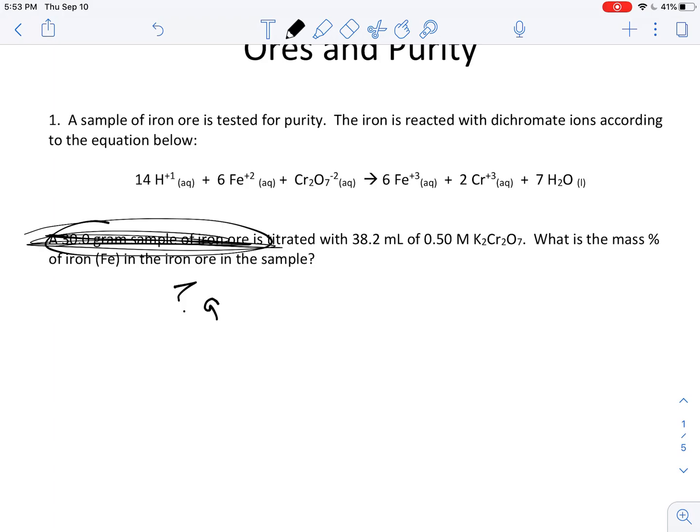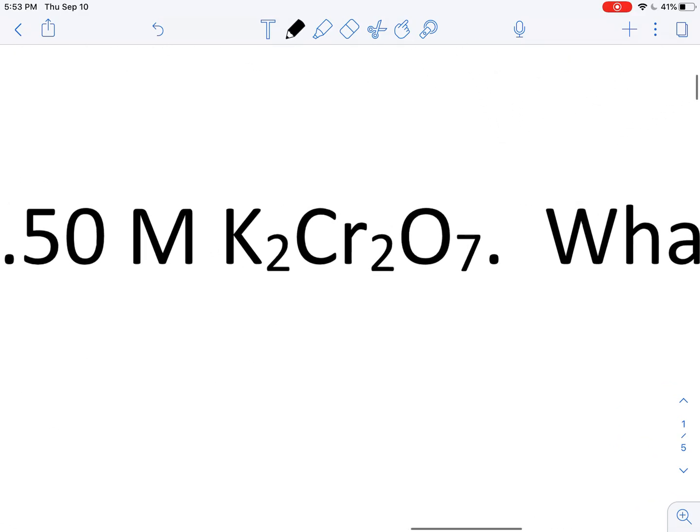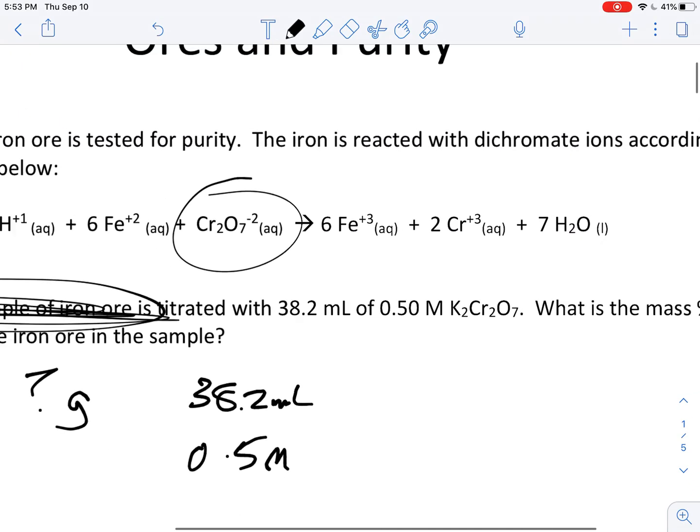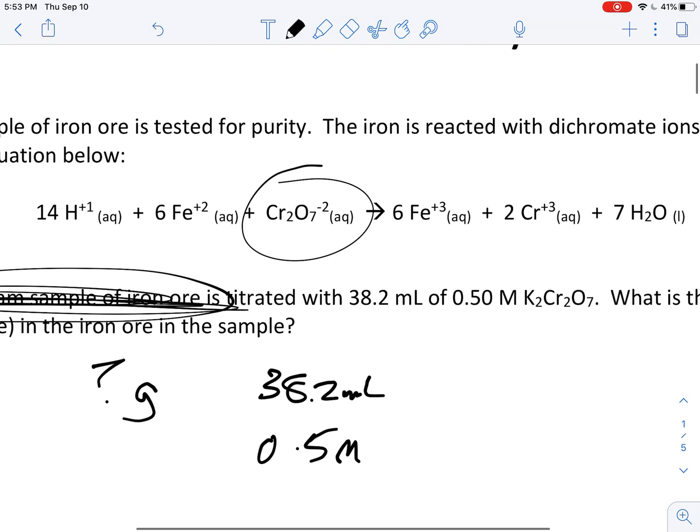So you're going to be interested here in grams of the iron, and they gave you in the problem 38.2 milliliters of 0.5 molarity of this stuff here. Now, minor note here, please note that it says K2Cr2O7, but in this guy here, there is no K2. So where did it go?